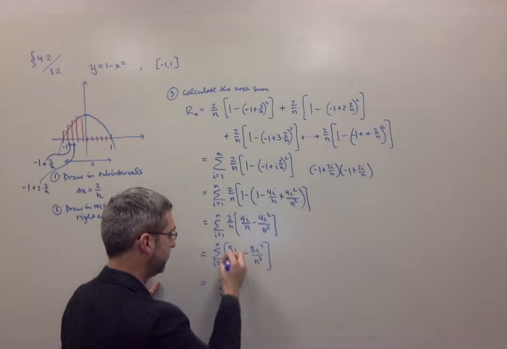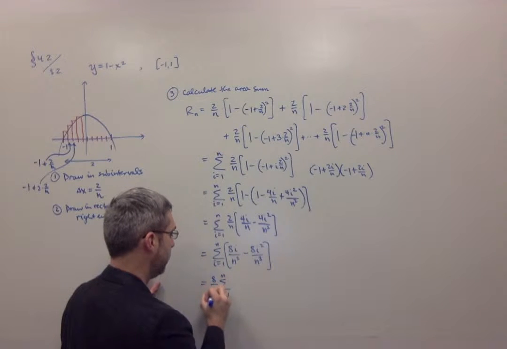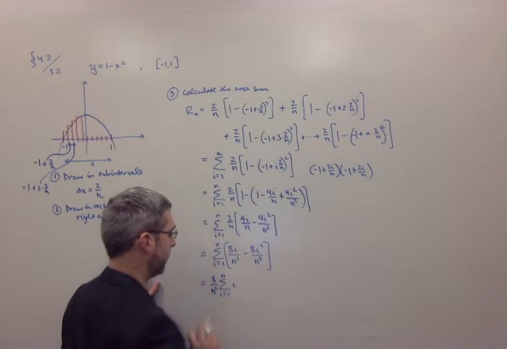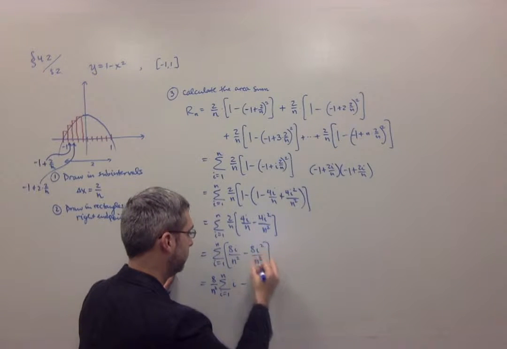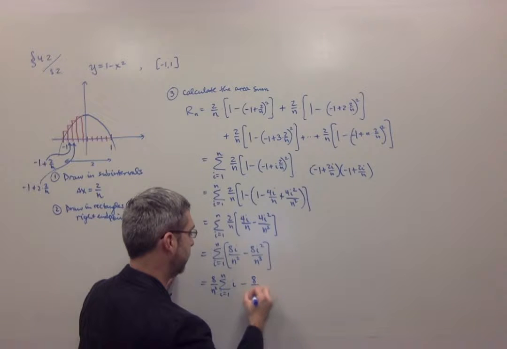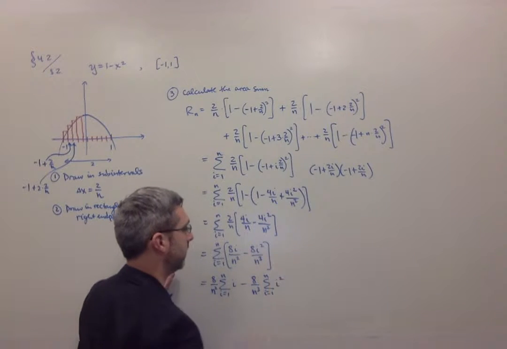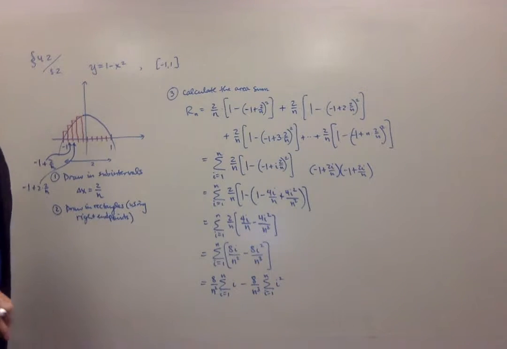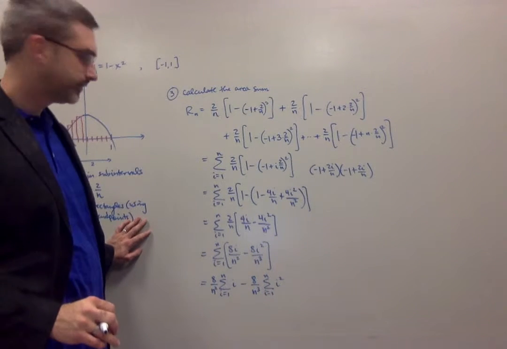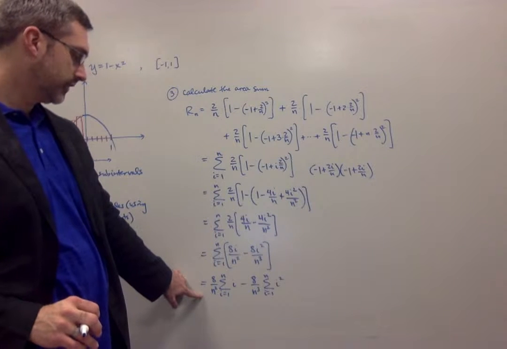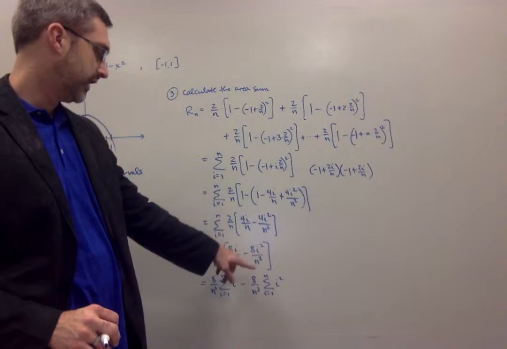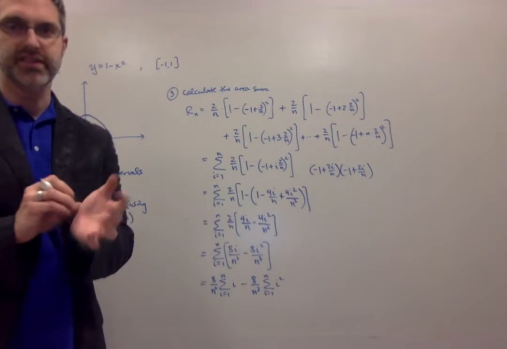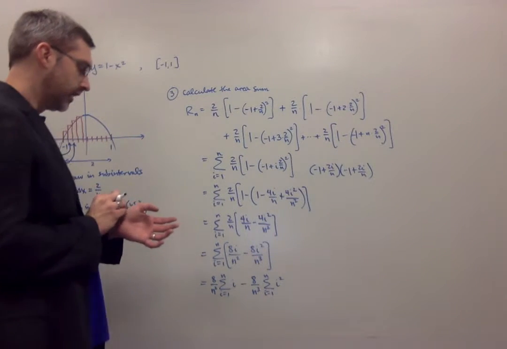So the constants in this first one are 8 over n squared, and then I have an i left, minus, in this one I've got an 8 over n cubed, and then what's left here is an i squared. That clear so far? So I separated these two, and then I pulled the constants out from here and constants out from here. The only thing that's not constant is i, or i squared.